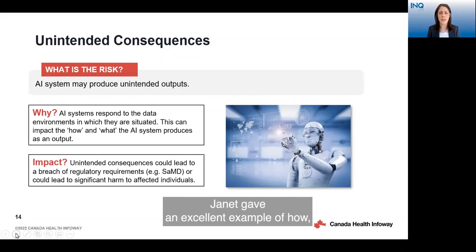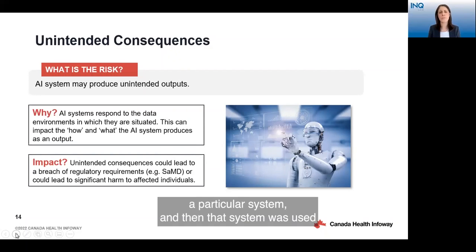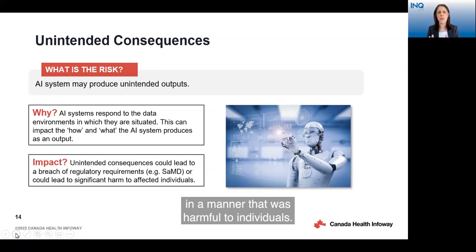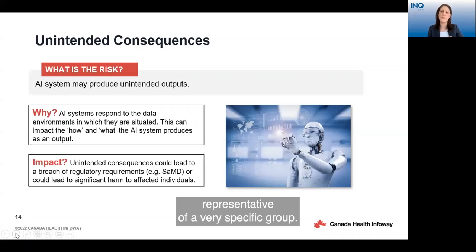Janet gave an excellent example of how, I don't want to say ill-configured data set, but a data set was used to train a particular system, and then that system was used in a manner that was harmful to individuals. There wasn't enough rigor clearly around, or perhaps awareness around, how the data set had a biased output, because it in and of itself was representative of a very specific group.